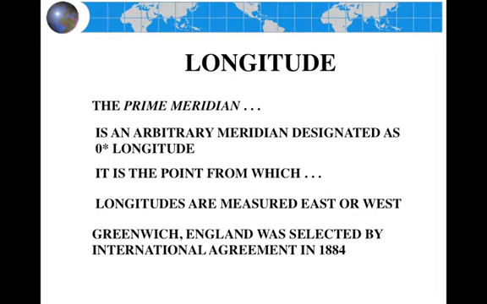Again, the prime meridian was just arbitrary. It was just settled by treaty, and all longitudes are measured east or west of that from Greenwich, England. It's an interesting story. I don't really have time to go into it today, but you can find articles about it, or just find the wiki page on it, and it'll tell you all about how the prime meridian was invented.